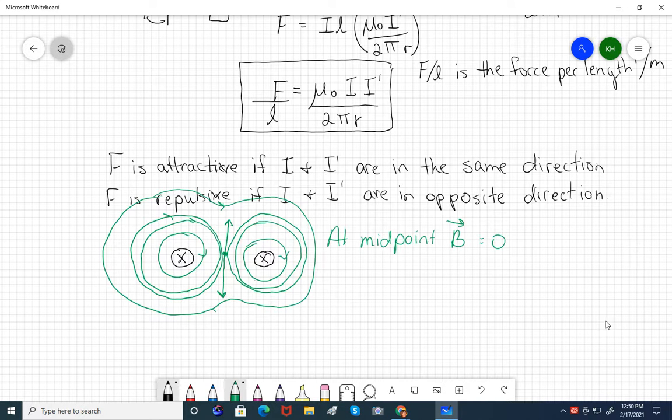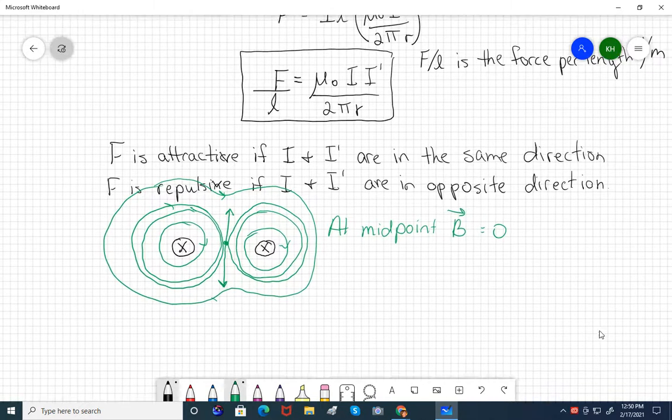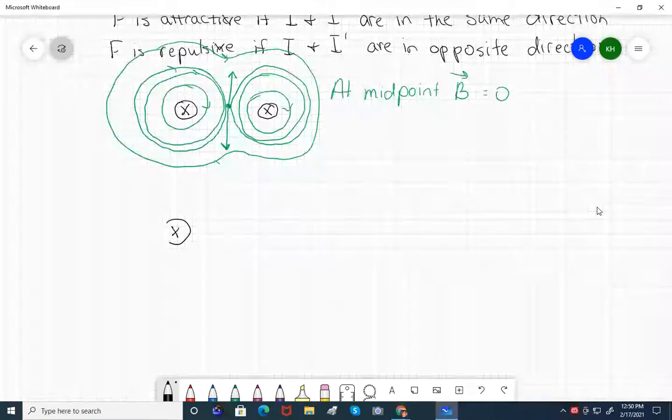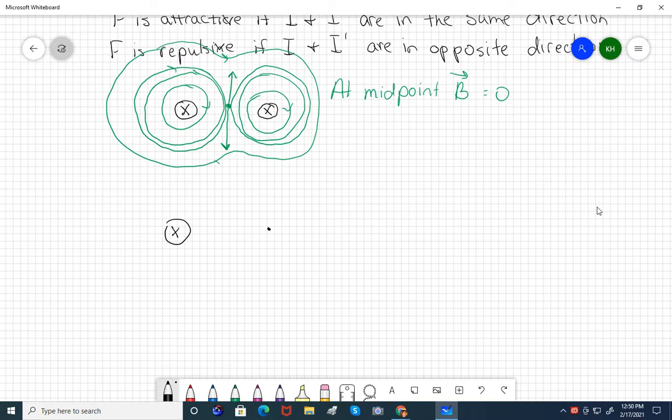Now, if they point in opposite directions, let's think about what happens. If this one points into the board and this one is coming out of the board, so I have two wires. Notice the magnetic field lines, right at the end point, for this wire are going to go this way when you do that right-hand rule.